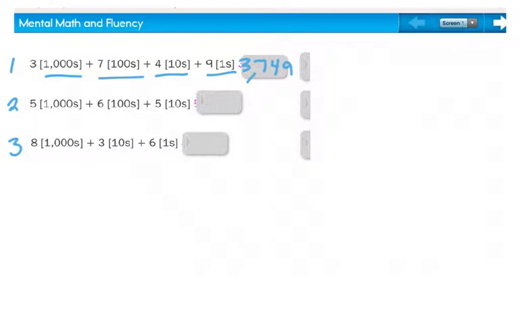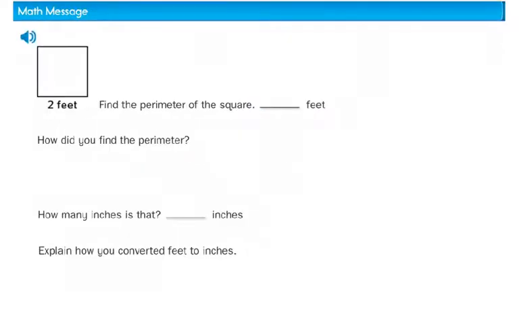Go ahead, pause the video, and write your answers. Number 2, 5,650. Number 3, 8 in the thousands, nothing in the hundreds, 3 in the tens, 6 in the ones, to get 8,036. Now we're going to go ahead and move on to journal page 32.